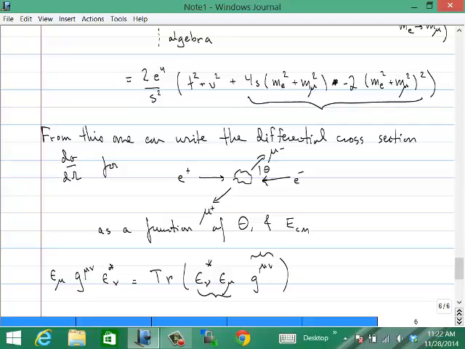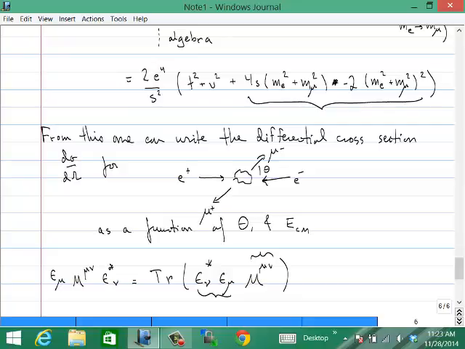I guess maybe I should write this as M^{mu nu}, because it's some sort of scattering amplitude. But you certainly could have written it like this. That's right, yeah. When we write out vector indices, we tend to write out the indices completely explicitly.